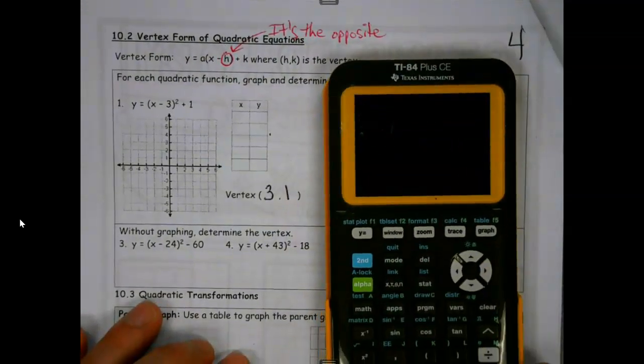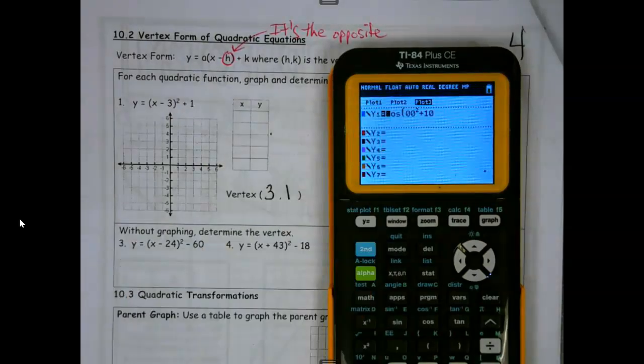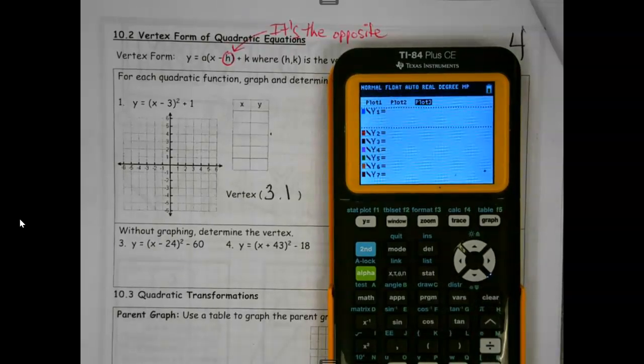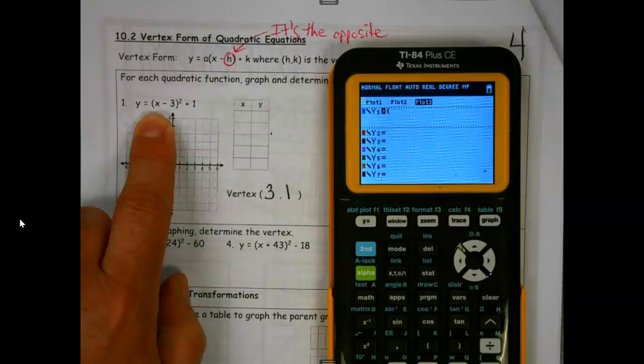So I bust out my calculator, because again, that's going to be my easiest way of getting stuff done. Once I get to y equals, I'm going to hit clear. I want this to be free and open. And as we've mentioned before, I'm just going to type exactly what I see. So I've got my parenthesis.